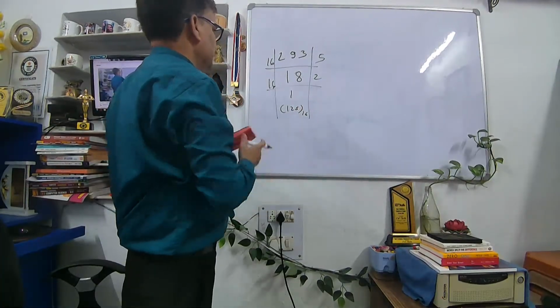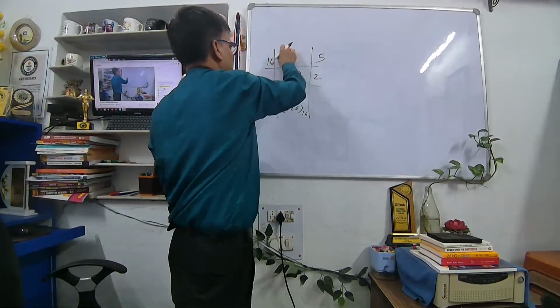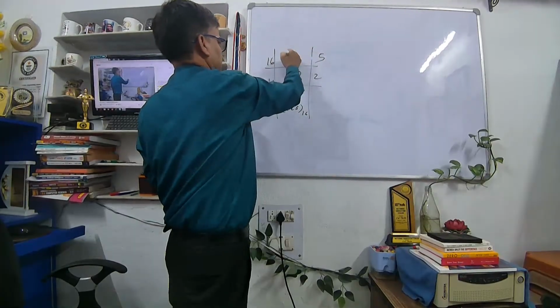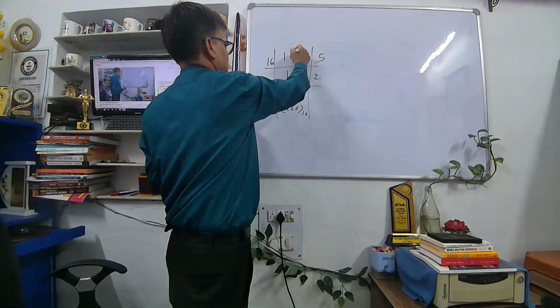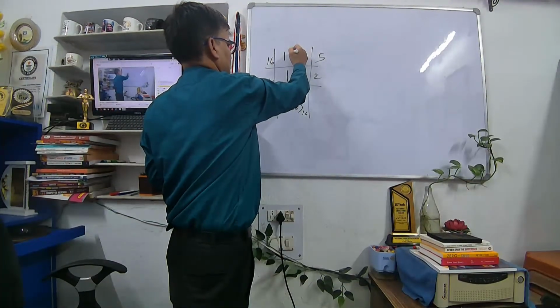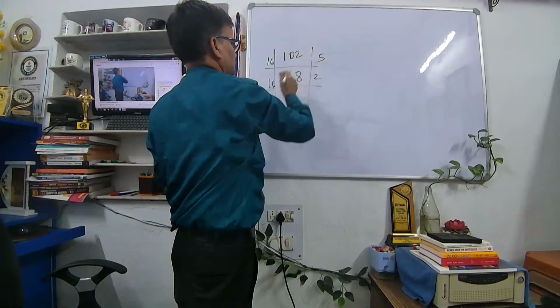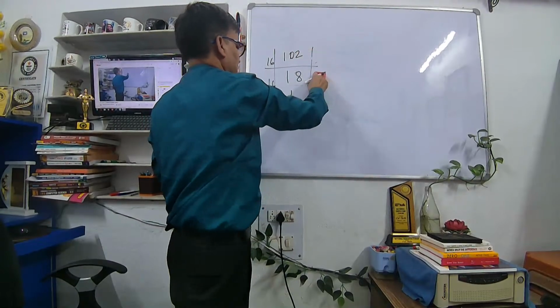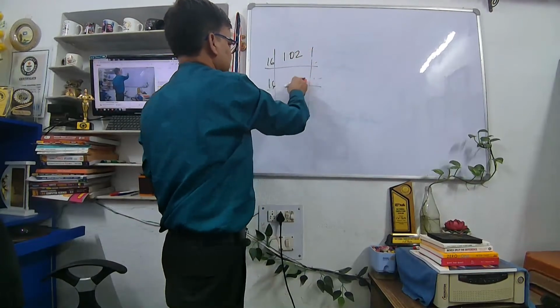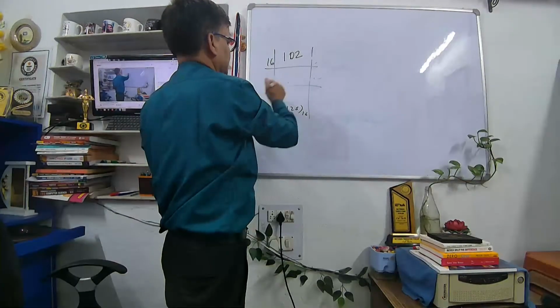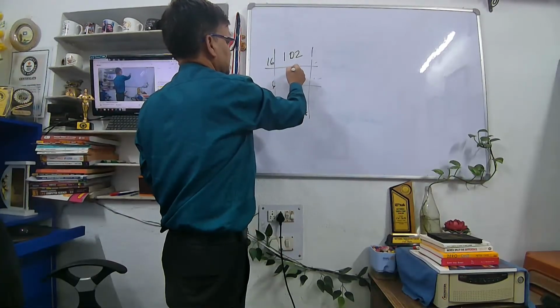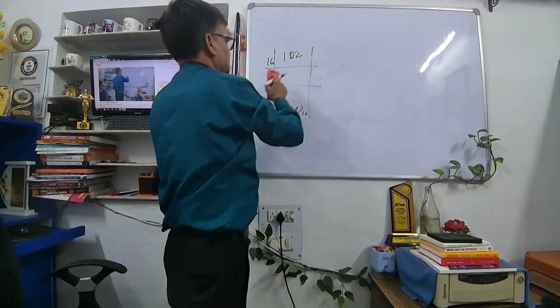For example, if I say I have 102, now 16 5s are 80, 16 6s are 96. No, let me change the number.